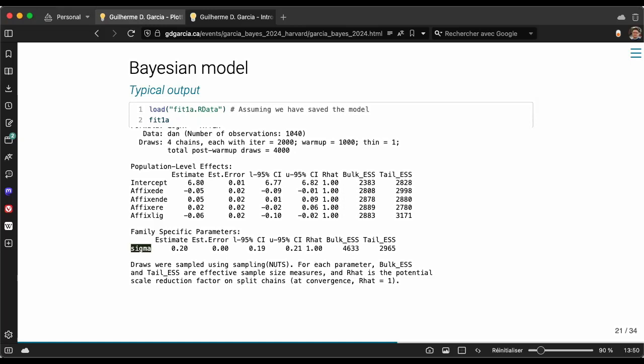So that's actually a pretty nice characteristic of these models, because you no longer have to assume that all the groups have the same variance. Here we're not playing with that, but you could estimate sigma for different terms, which is really nice.